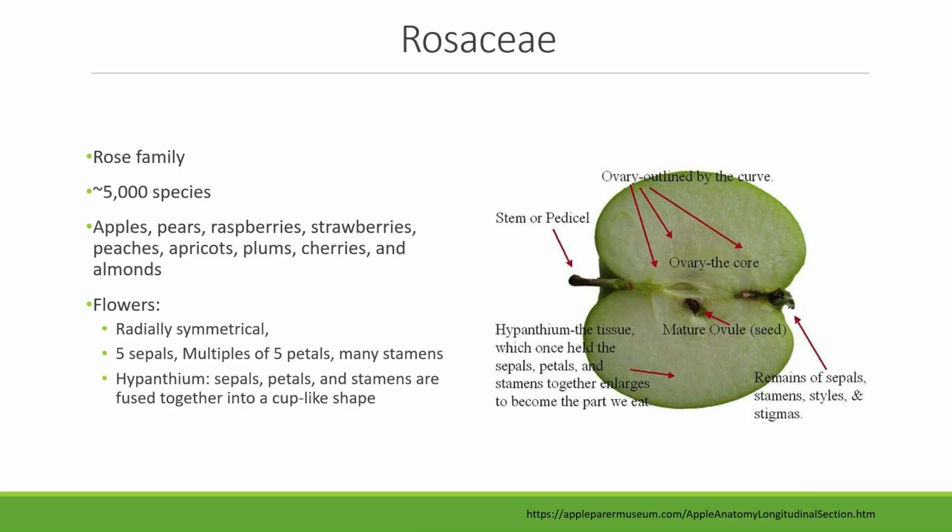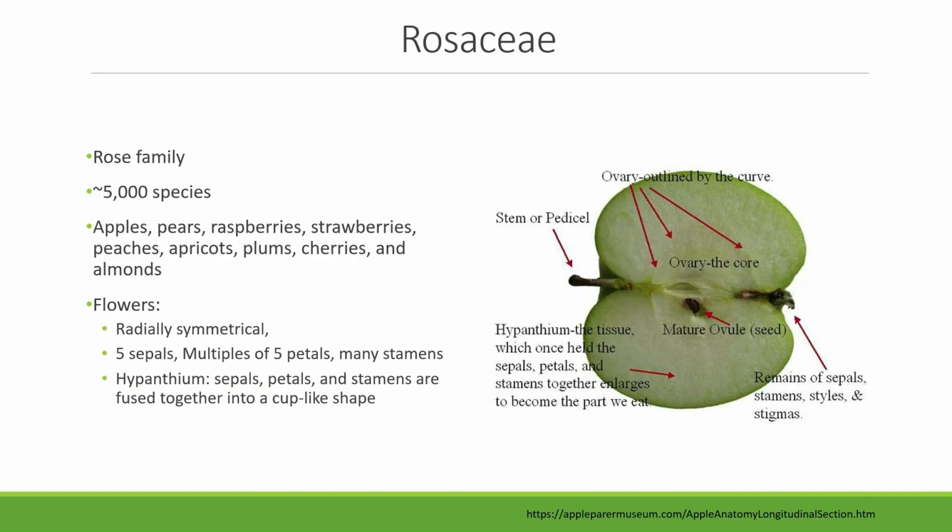And the hypanthium later becomes part of the fruit itself in apples and related species. The image on this slide shows a longitudinal section of an apple, and it illustrates how the fused floral parts of the hypanthium at the base expand as the fruit develops and contribute to a major portion of the edible portion that we eat.